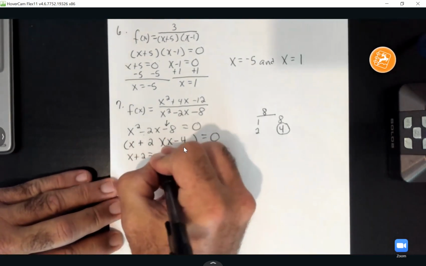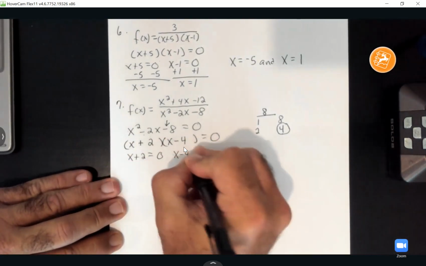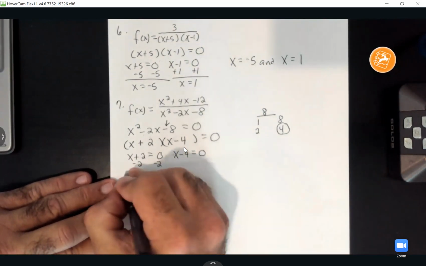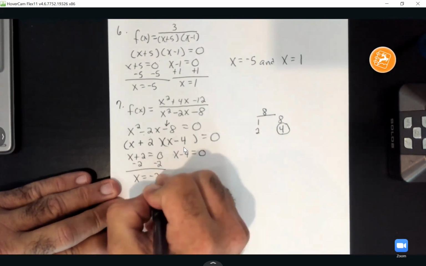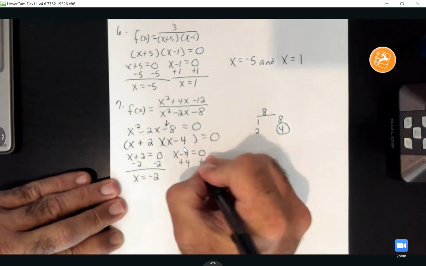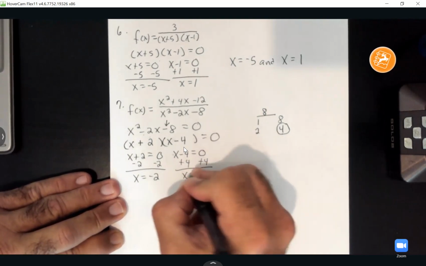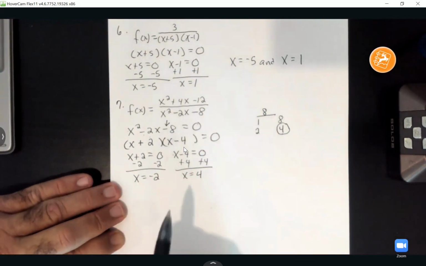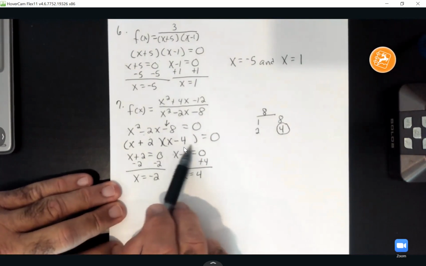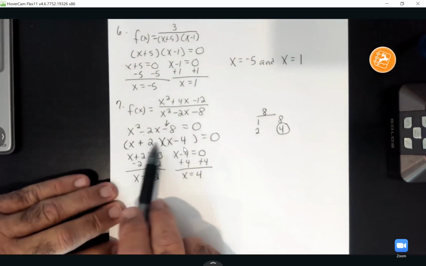All right, y'all set both of them equal to 0. And let's solve them by subtracting 2 on the first one and adding 4 to our second one. Now, they'll have answers with these negative numbers like negative 4, because a lot of people, once they factor it, think they got the answers.